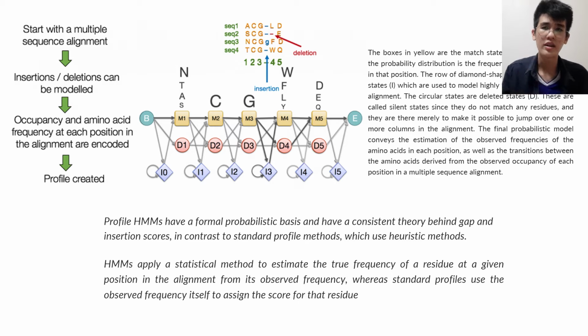So as you can see in the image above, it starts with a multiple sequence alignment, and then the insertion and deletion can be modeled, and then the occupancy and amino acid frequency at each position are encoded, and then the profile is created. So this is just the front part. This is just the tip of the iceberg for the profile HMM, because the hard part is the programming.